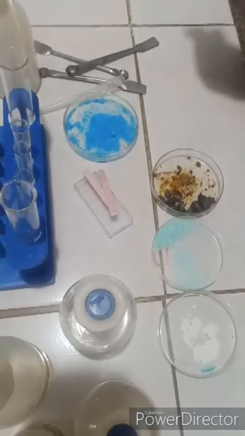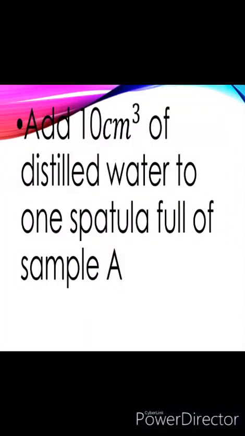We have our spatula, and then we have our droppers, the dropping pipettes. We have our litmus paper. Sometimes we need to check whether the solution is acidic or alkaline, according to the instruction given in the question. So let's start. The first instruction is to dissolve 1 spatula full of this sample.